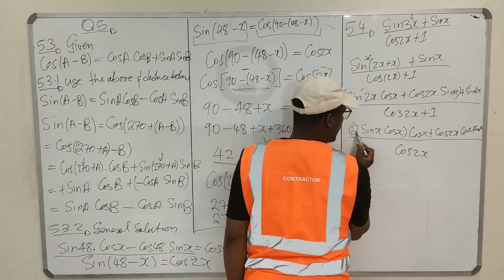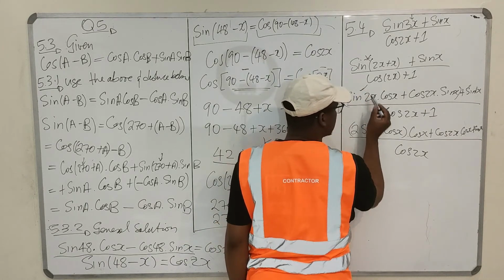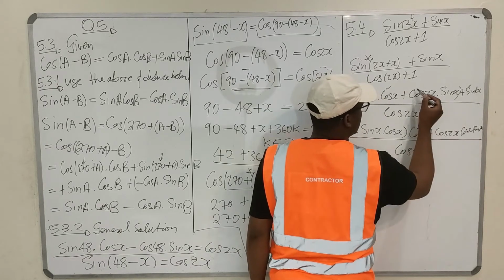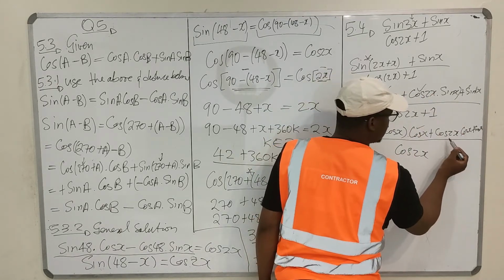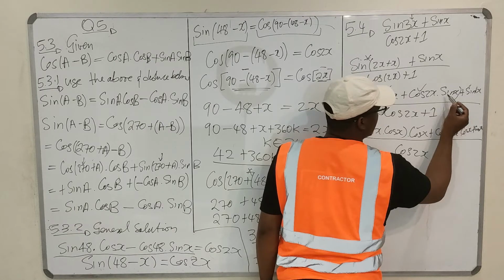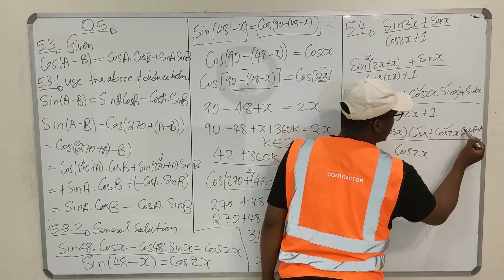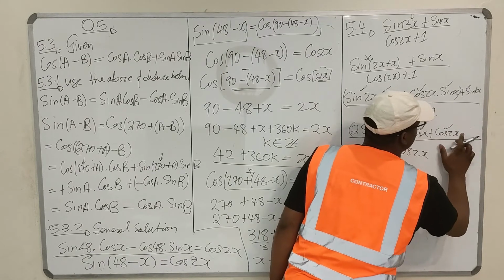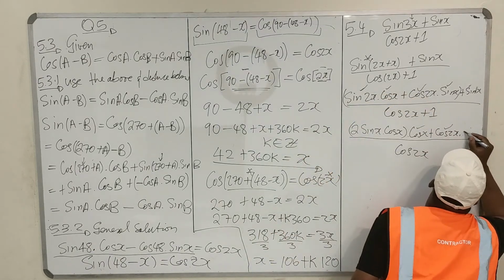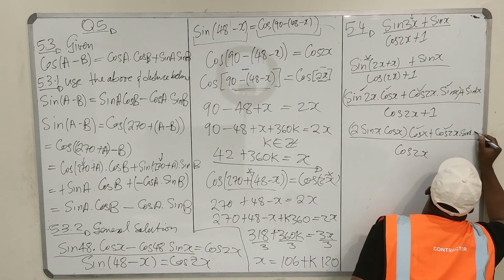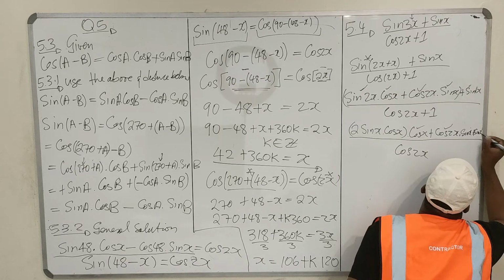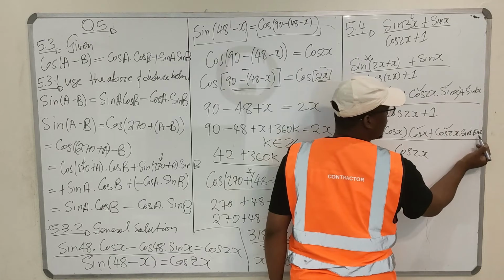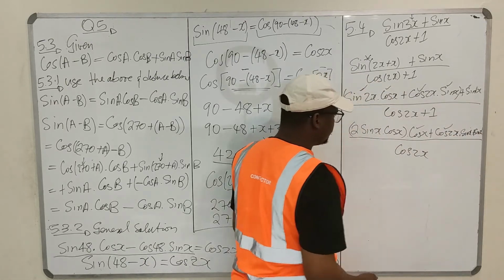So it's 2 sine x cos x, which is this, cos x, which is that, cos 2x, which is this one here, sine x, should be sine x plus another sine x. So this cos is this one, this guy is this guy, plus sine x, which is that.